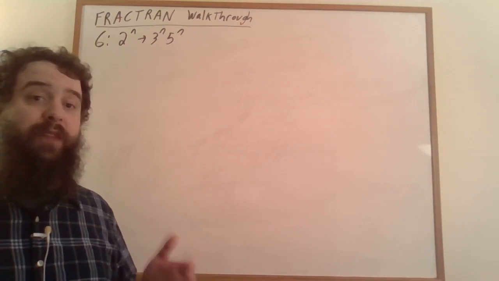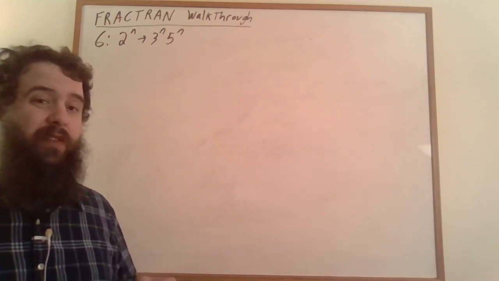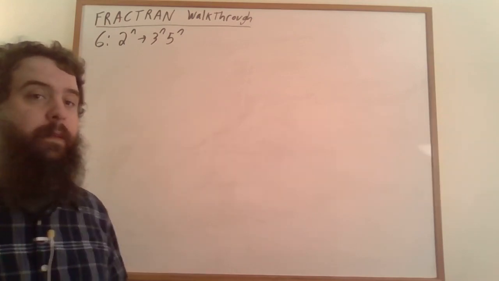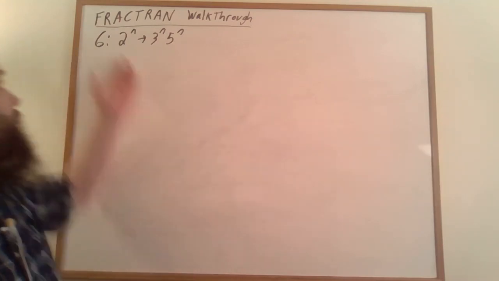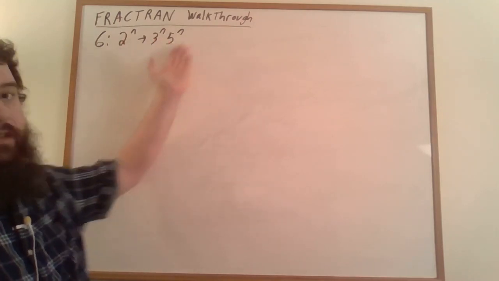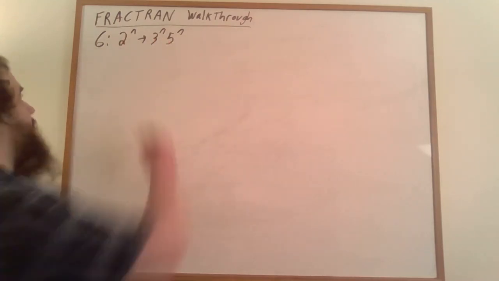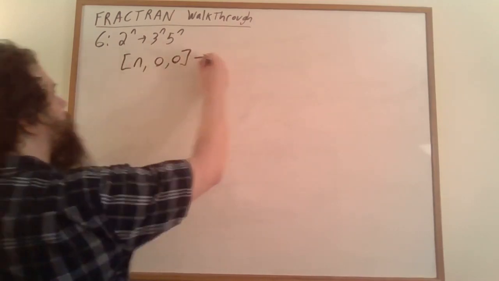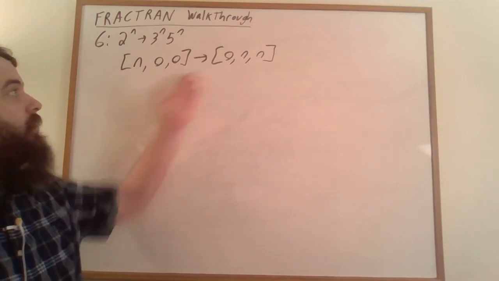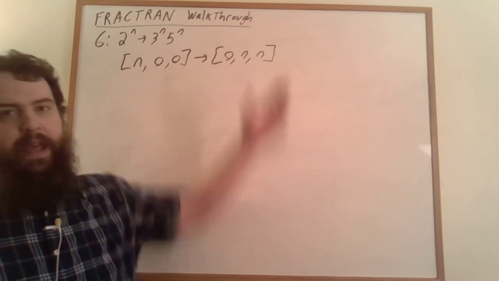Another thing that we take for granted but is absolutely essential in almost any programming language is the ability to duplicate data. A program that takes numbers of the form 2 to the n and turns them into numbers of the form 3 to the n, 5 to the n is essentially taking vectors of the form n, 0, 0 to vectors of the form 0, n, n.